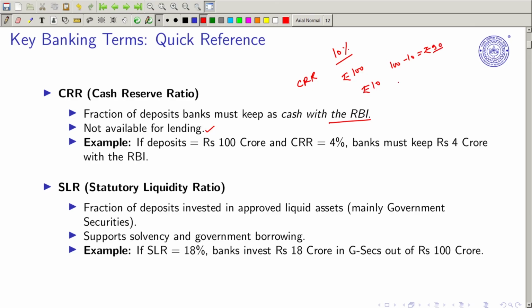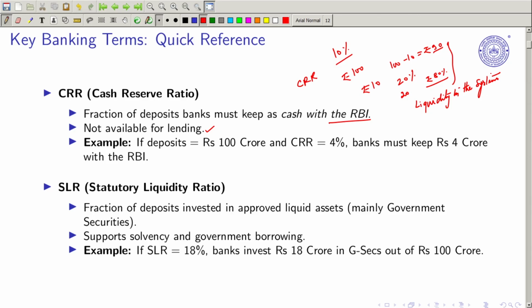But if the central bank increases it to 20%, it means that out of 100 rupees the bank will now have to keep 20 rupees, right? So the bank will have only 80 for lending, which also means that through this the central bank is trying to control the liquidity in the system, right? So this is what we get.